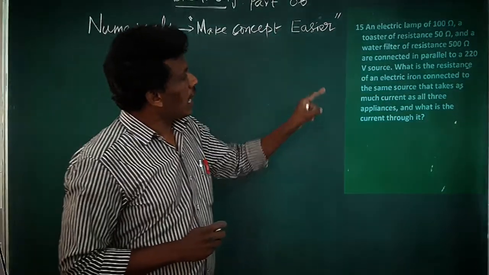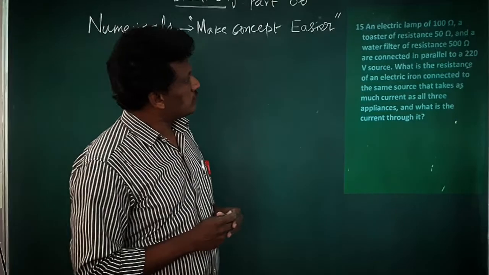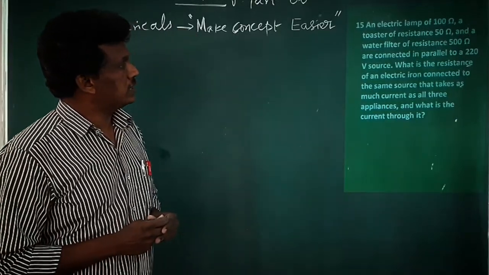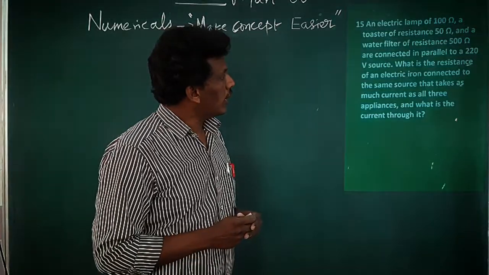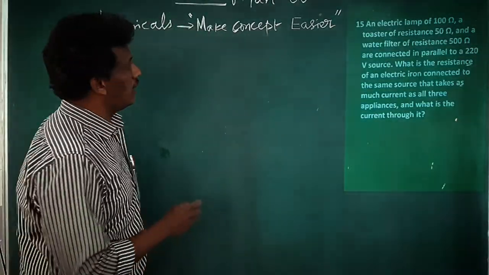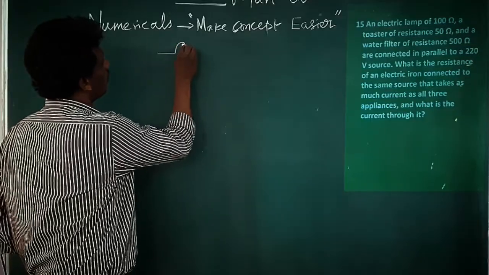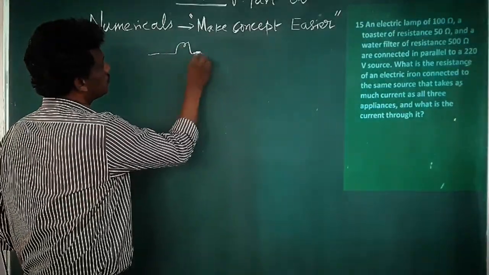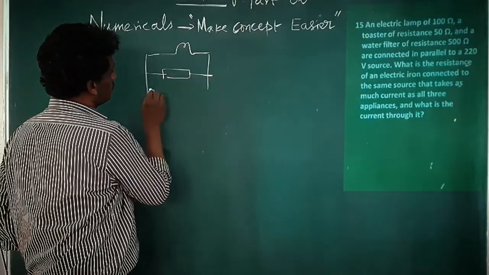An electric lamp of 100 ohm, a toaster of resistance 50 ohm and a water filter of resistance 500 ohm are connected in parallel. Let us go for the circuit diagram. Here you have the bulb, another one, and so on.